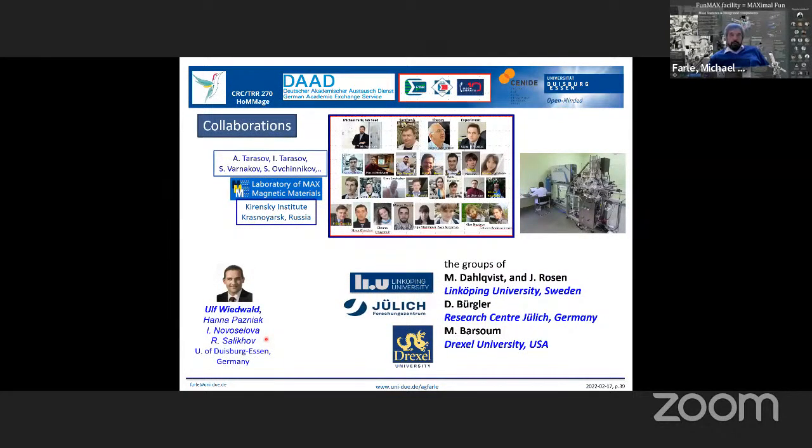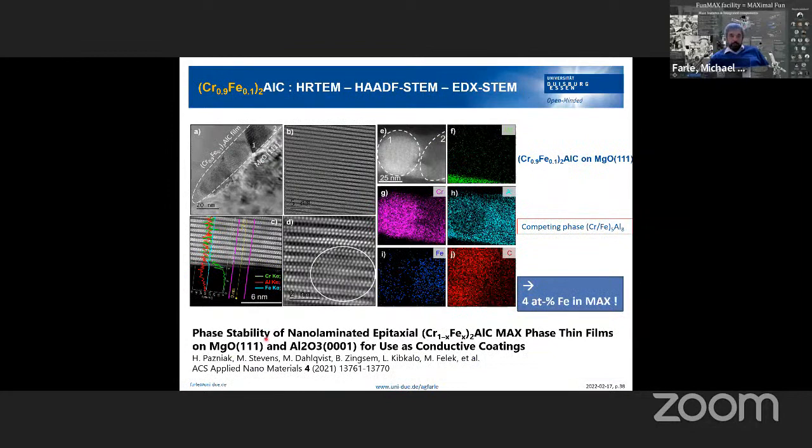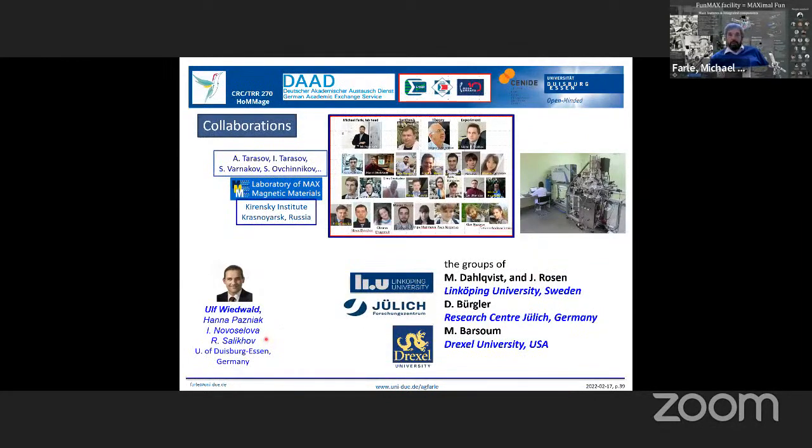Okay, so with that, I come to the end. But before I come to the end, I just want to remind you of the players and of the great collaborations we had. So also the Laboratory of MAX Magnetic Materials, which was established at the Kirensky Institute in Krasnoyarsk.